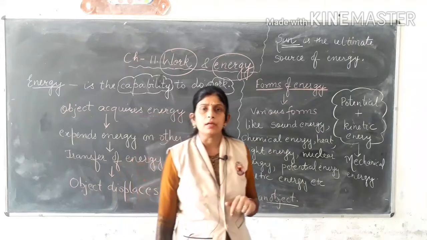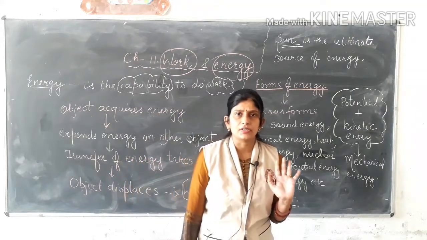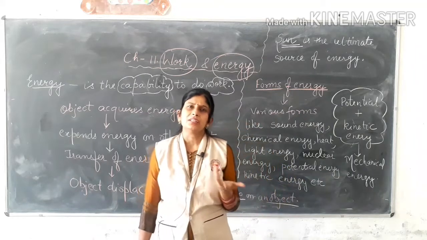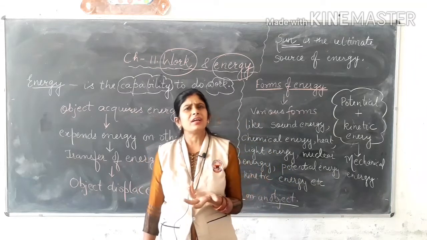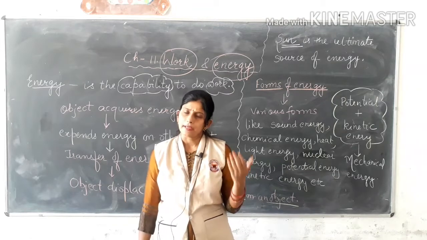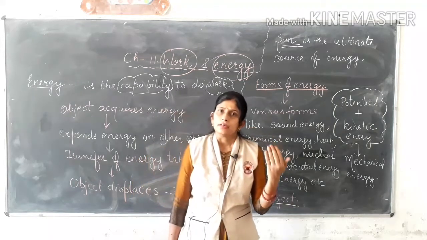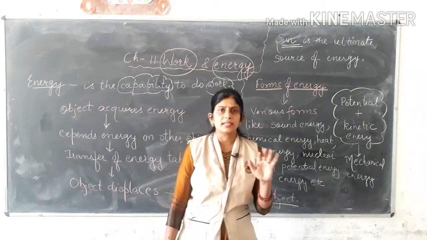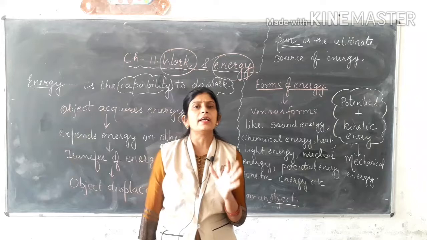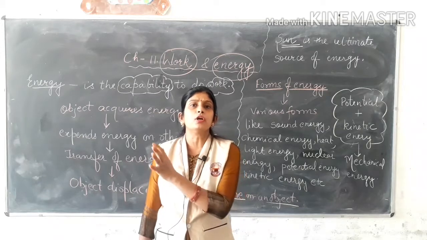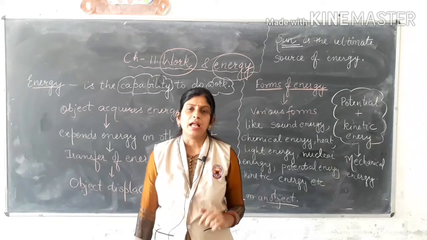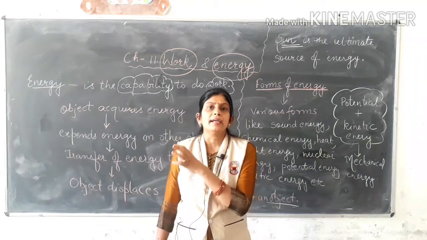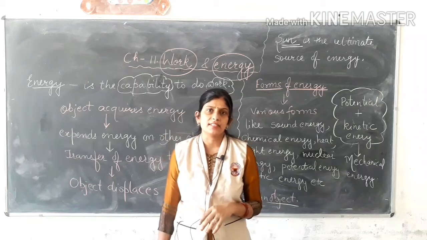For example, if we talk about electrical energy, then you have a question: how is electrical energy derived from the sun? Yes, it is directly or indirectly derived from the sun. How? See, most of the electrical energy is generated by burning coal and petroleum. And you know that coal is formed from the dead remains of plants and trees.